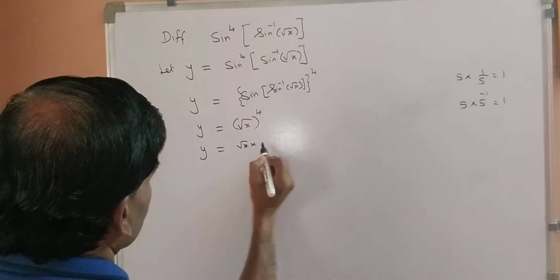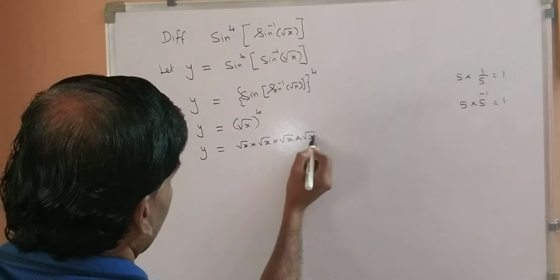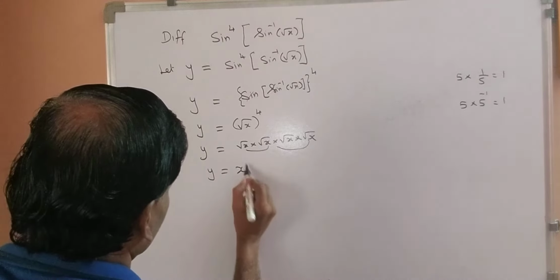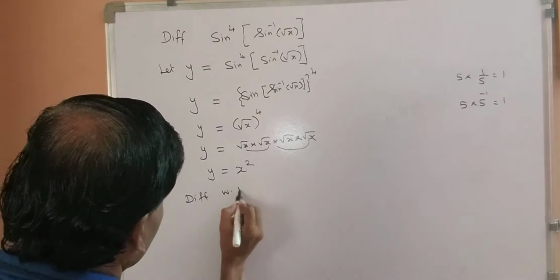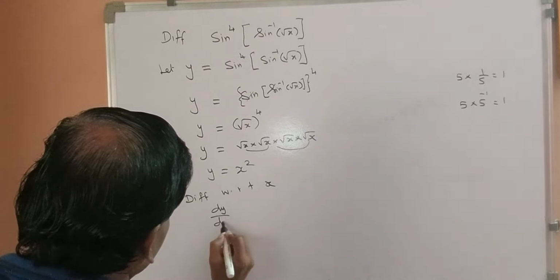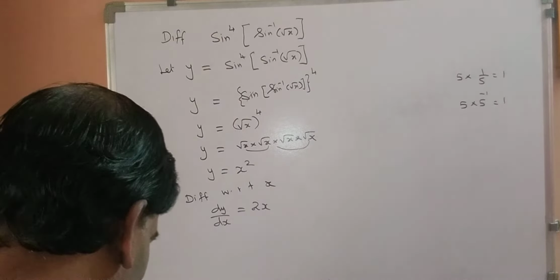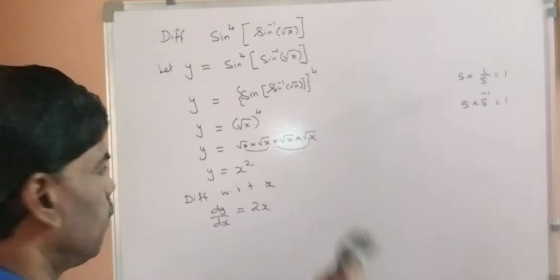Square root of x into square root of x into square root of x into square root of x. So y equal to x square. So differentiating with respect to x, dy by dx equal to 2x. So very simple. Now we will do another type of sums.